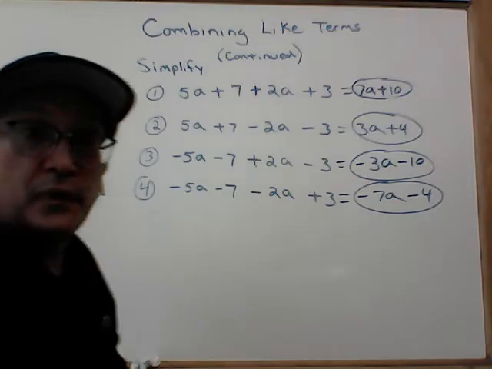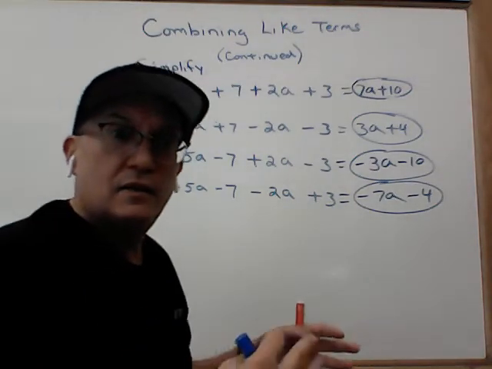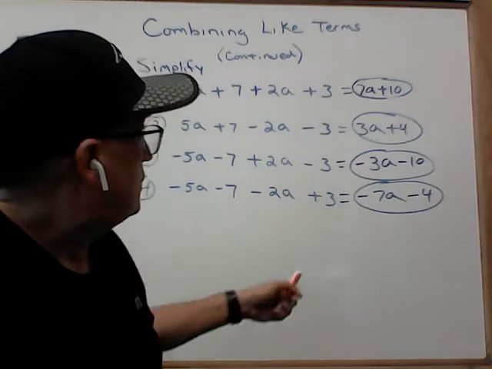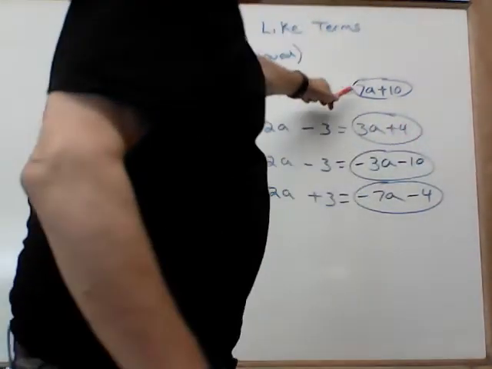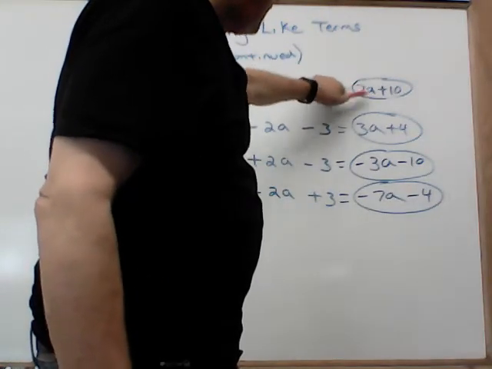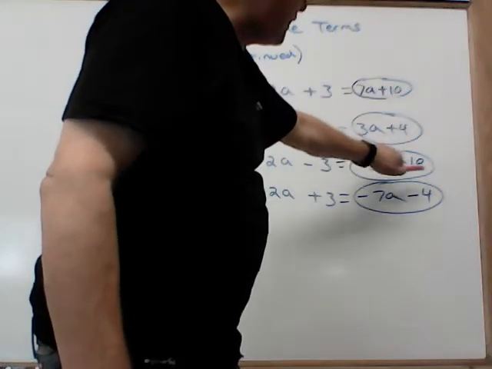So there you go. I tried to choose 4 that had variety to them. All the a terms are different in the answers: 7a, 3a, negative 3a, negative 7a, and a 10, a 4, a negative 10, and a negative 4.